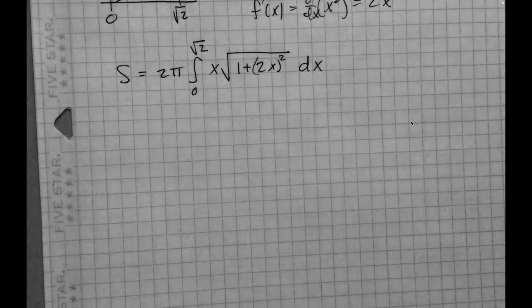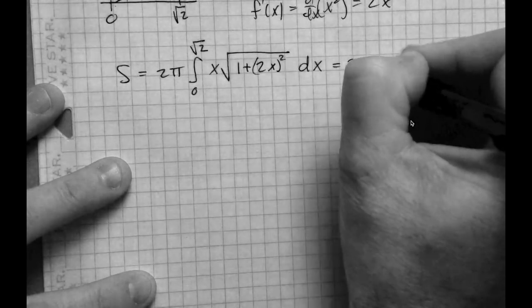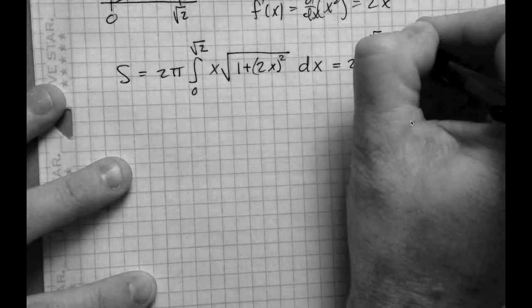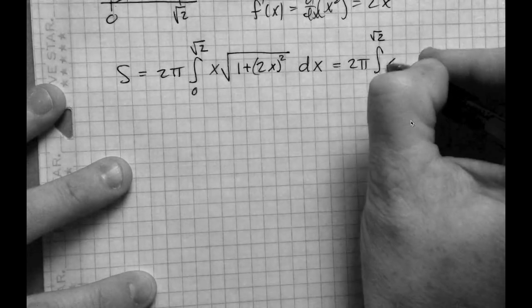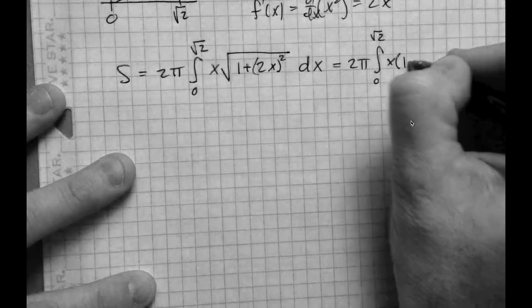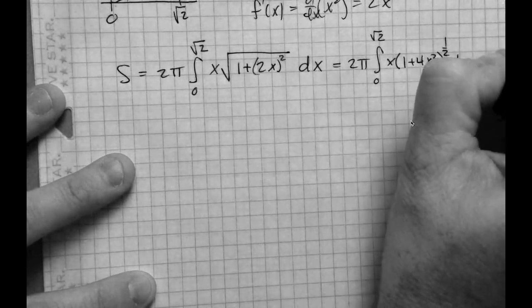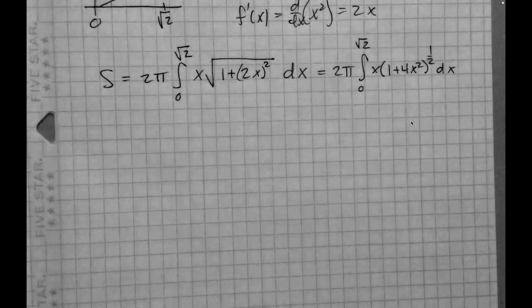Okie doke. This is 2 pi integral 0 to square root of 2, and in here we've got the x, and then we've got 1 plus 4x squared to the 1/2 power dx. Okay, no problem.